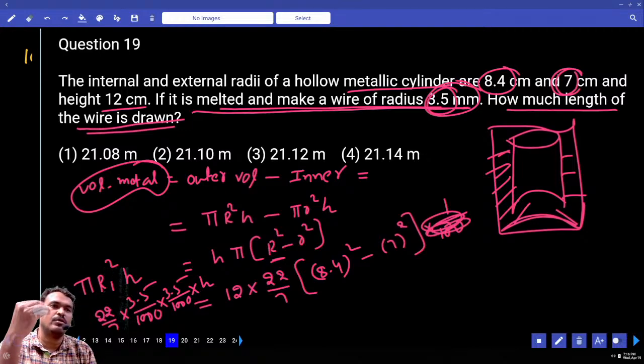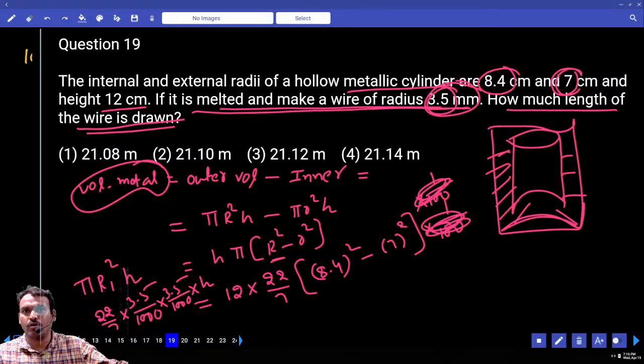So 8.4 by 100 into 8.4 by 100 for the first term, and for the second term 7 by 100 into 7 by 100. How many zeros in the denominator? 2 plus 2, 4. 4 zeros, right?